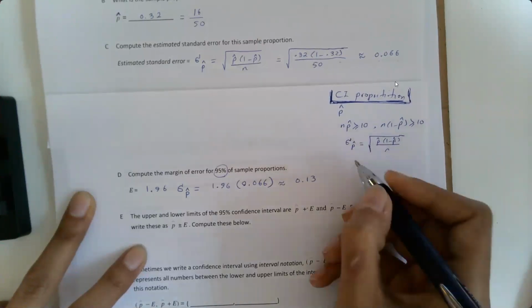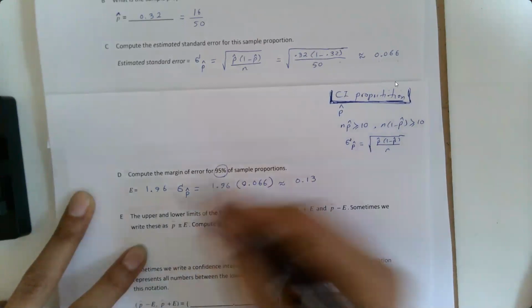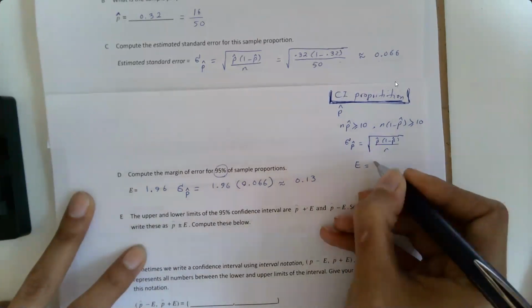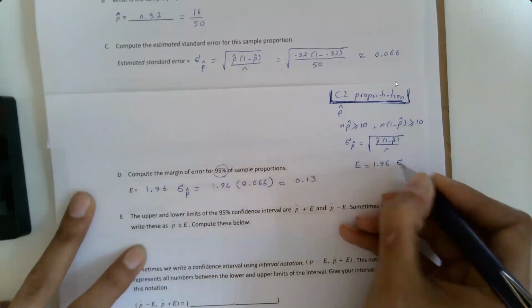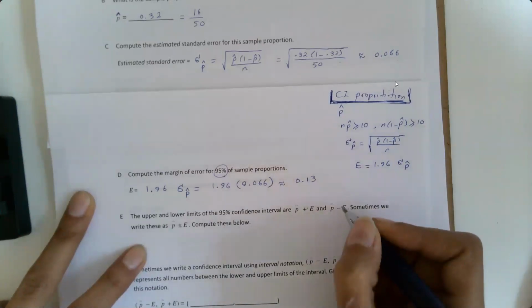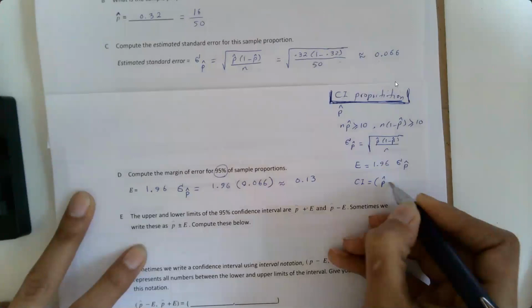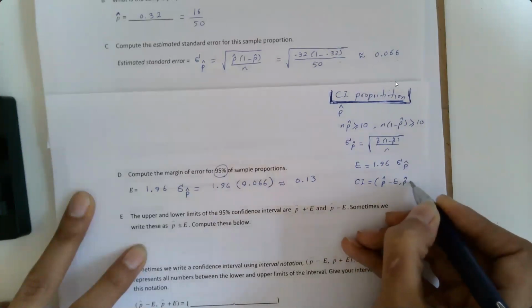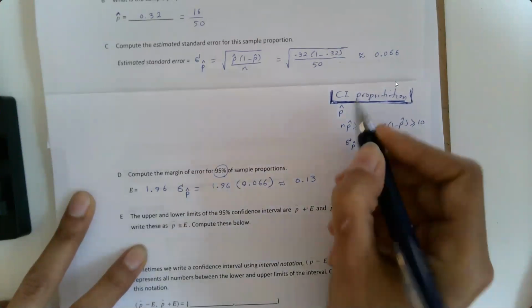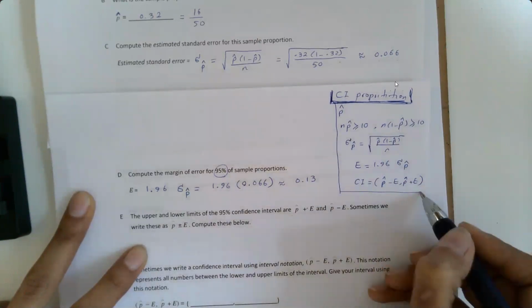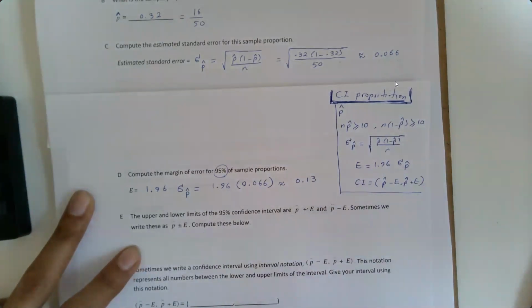And then we found the margin of error E, which is 1.96 times sigma sub p hat. Our next step is to form the confidence interval, p hat minus E, p hat plus E. So these are the steps that we're taking to find the confidence interval.